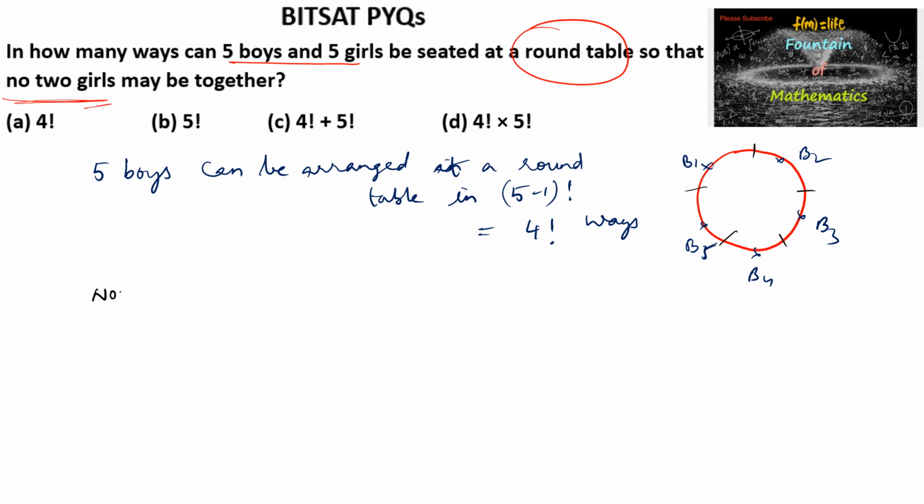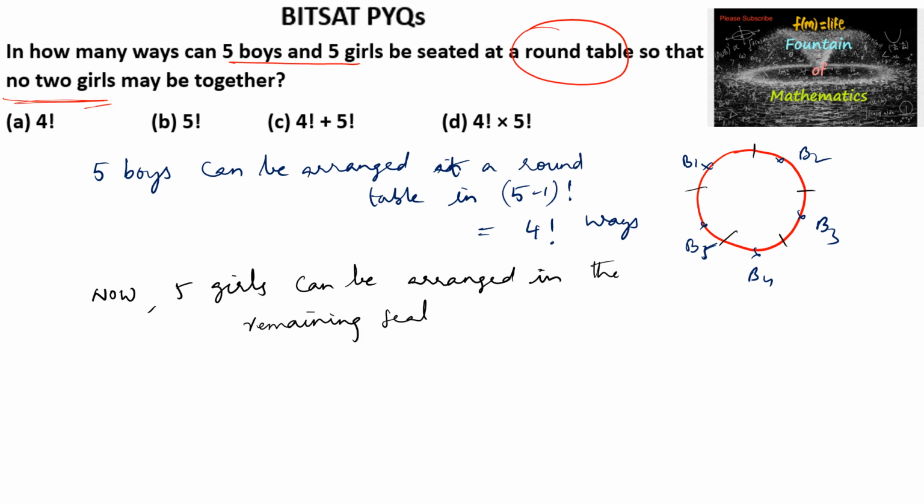Now the 5 girls can be arranged in the remaining seats in 5 factorial ways.